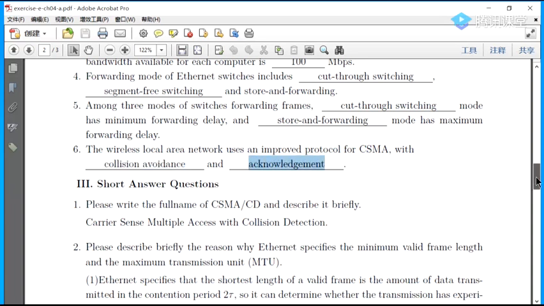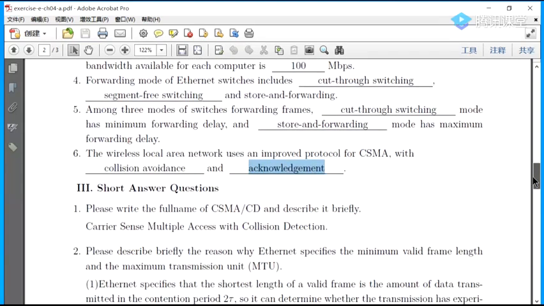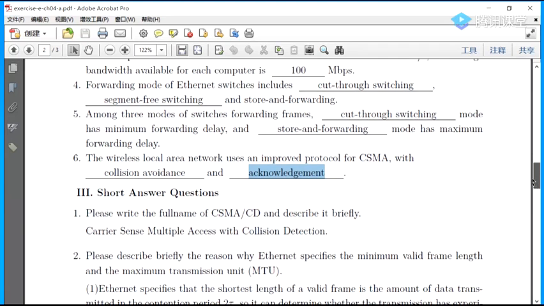So today we have illustrated some questions for chapter 3 and chapter 4.